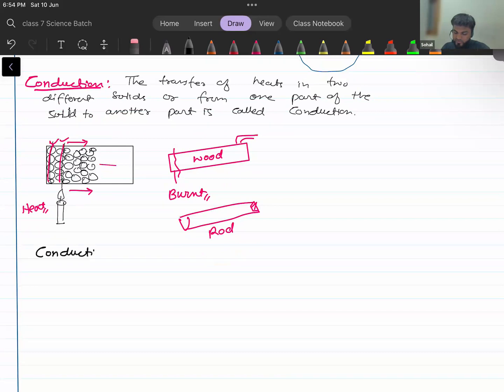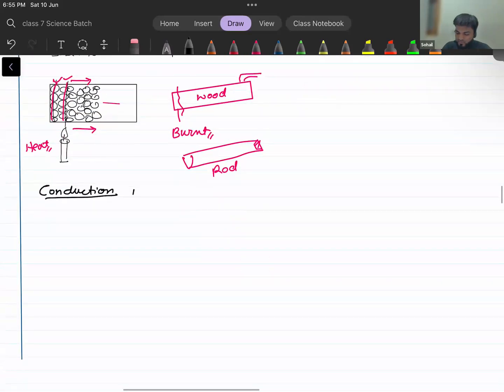Now you see, based on how well heat can transfer from one object to another, or within an object, materials have been divided into two categories. One are those materials which are good conductors of heat, and another are those which are not good conductors of heat, right?